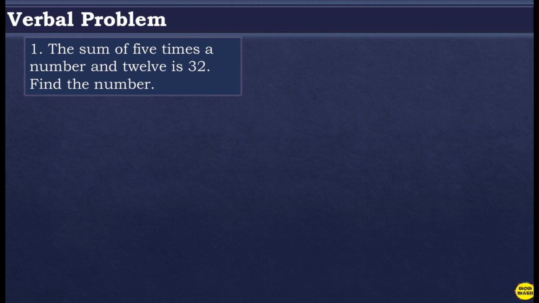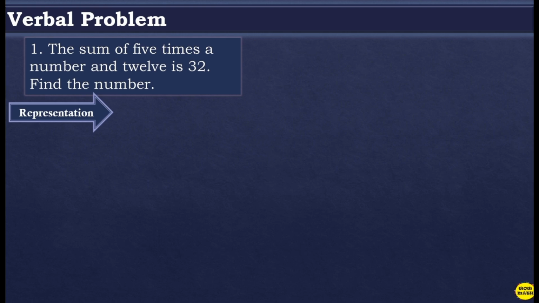So again, the sum of 5 times a number and 12, and then we're going to equate it into 32. Again, before we're going to represent this one, let us try to identify first the keywords that we need to use in solving this problem.